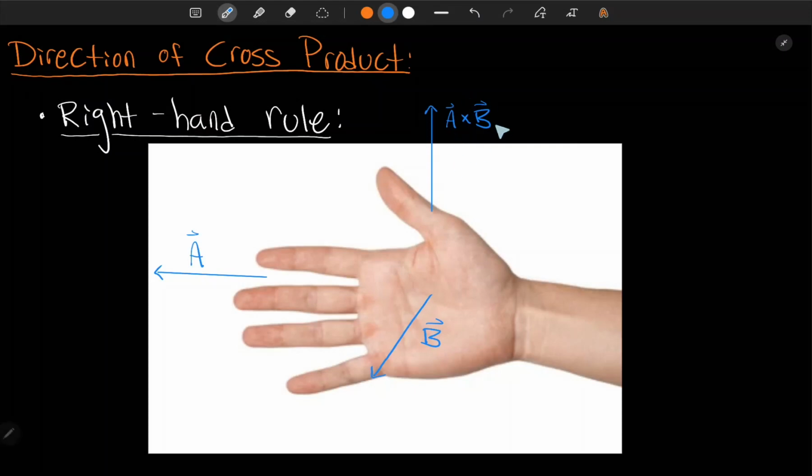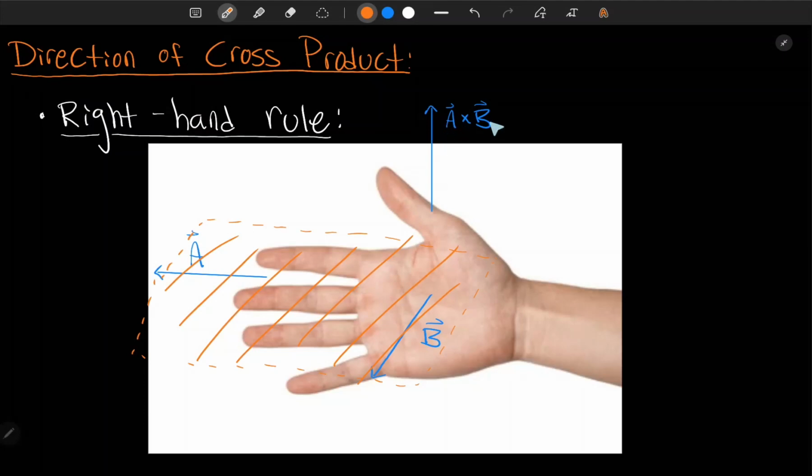Then the magnitude of A cross B is given by the formula that was on the previous slide. And a good way to think about this is that if you have A and B, you can form a plane, like a sheet of paper, that these two vectors live on. So you can imagine a piece of paper given by this orange shaded region that A and B live on. Imagine this orange thing is a table, and A and B are just resting on that table.